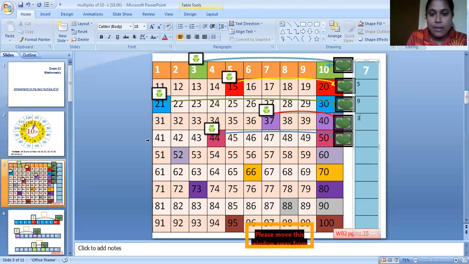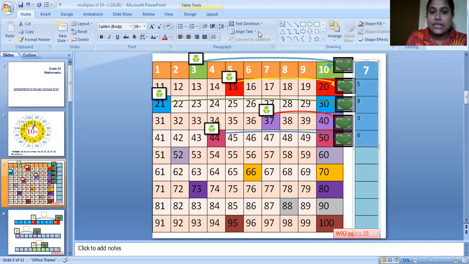And my next example, we are using this frog. The frog is on number 44 and it should find the lily pad on number 50. So it has to jump 1, 2, 3, 4, 5 and 6 times to find the lily pad.